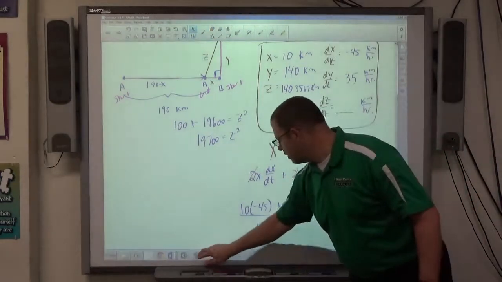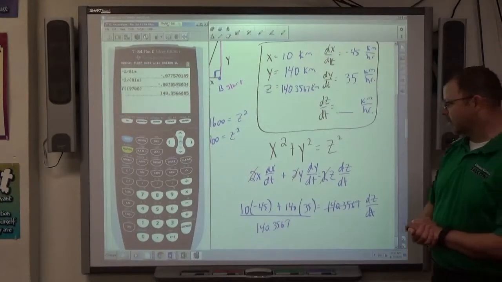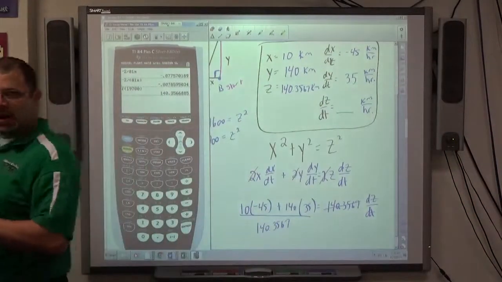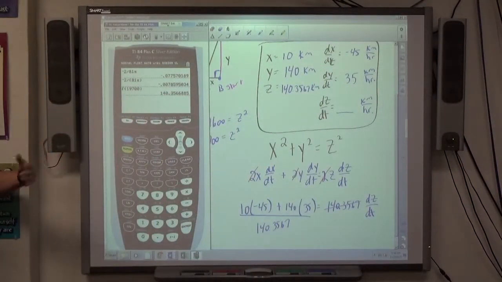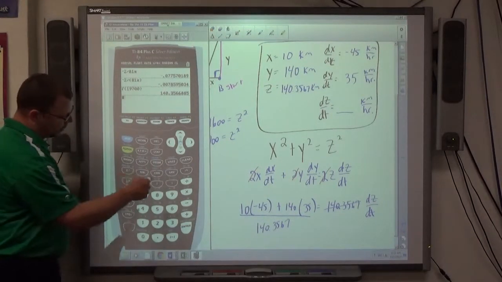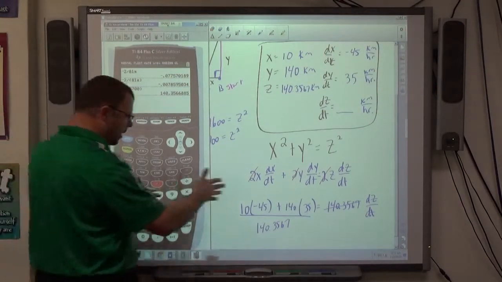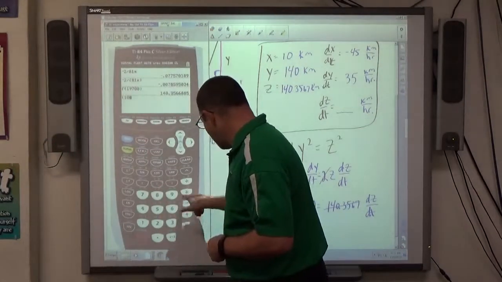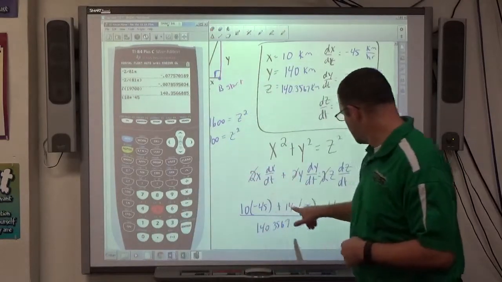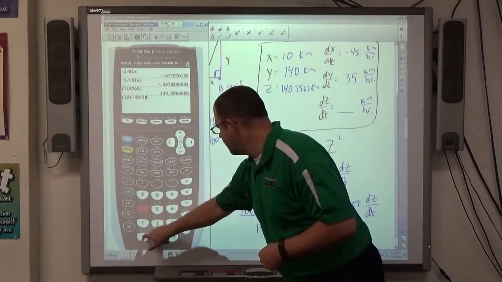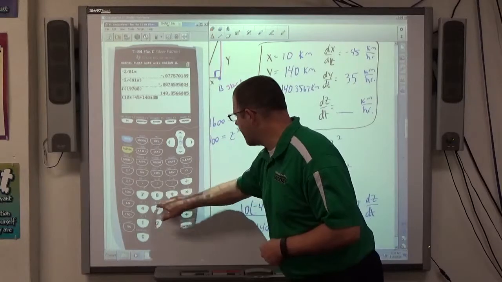All right. At this point, I just go ahead and enter it in my calculator. Notice I've got a product and a sum of products on top over a single number. So if I want to type in that expression exactly as it's written, I put parentheses first and then type in the entire top: 10 times negative 45 plus 140 times positive 35, in parentheses.